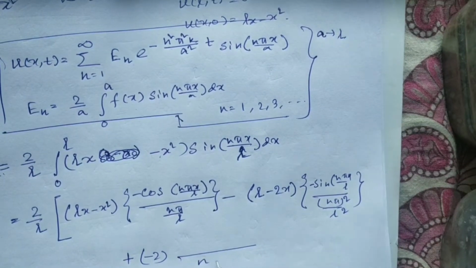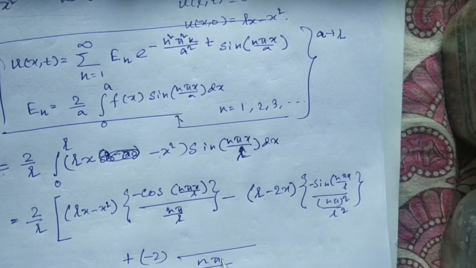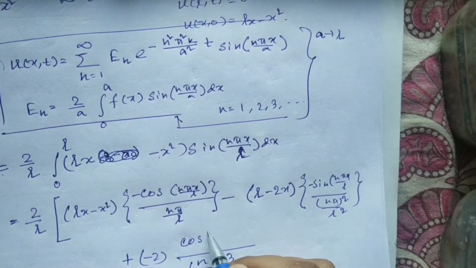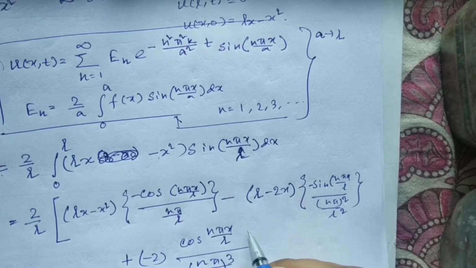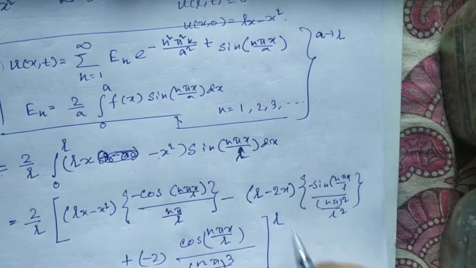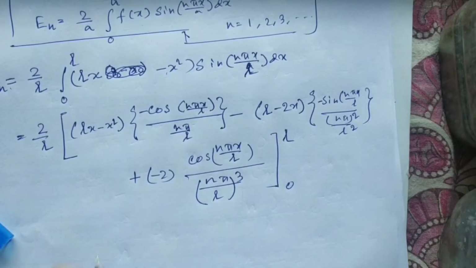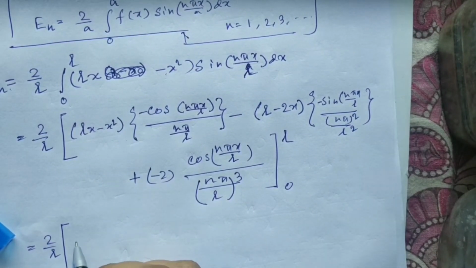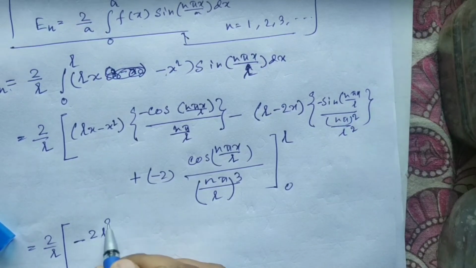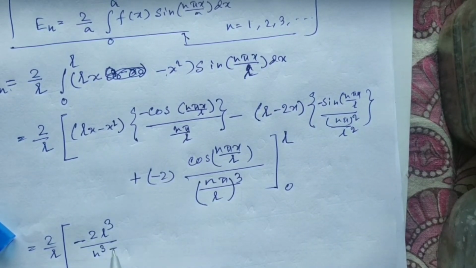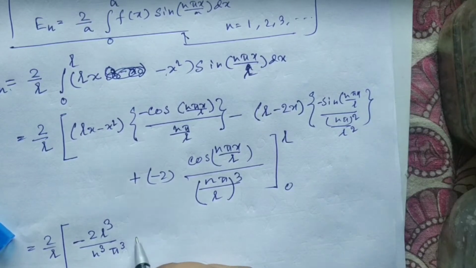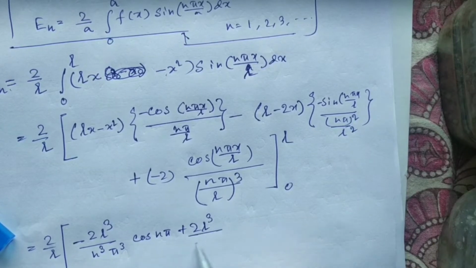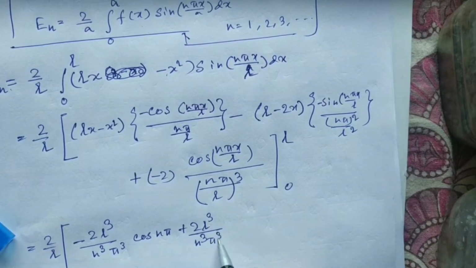So for triple integration, n pi over L whole cube will be there in the denominator, and cos n pi x over L, and the limits are 0 to L. So what we get is 2 over L, minus 2 L cube by n cube pi cube cos n pi plus 2 L cube by n cube pi cube.